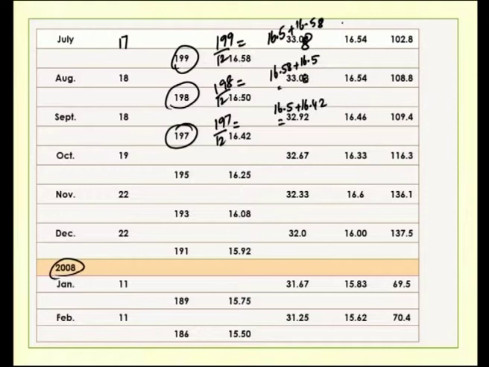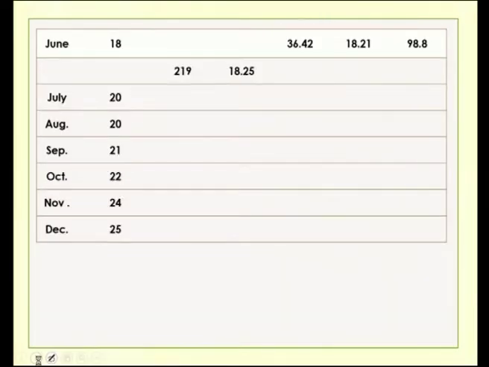That is 33.08 by 2 is equal to 16.54. Similarly, 33.08 by 2 is equal to 16.54. Similarly, 32.92 by 2 is equal to 16.46. So, likewise the values are calculated.